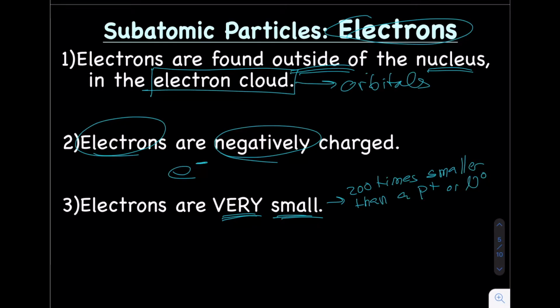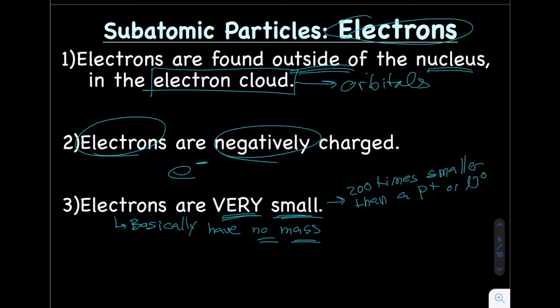Okay, so a lot smaller. In fact, what we say about the mass of an electron is that they basically have no mass. Okay. Now, do they have a mass? Of course they have a mass. But because they're so small, their mass is so insignificant that we can basically ignore it.